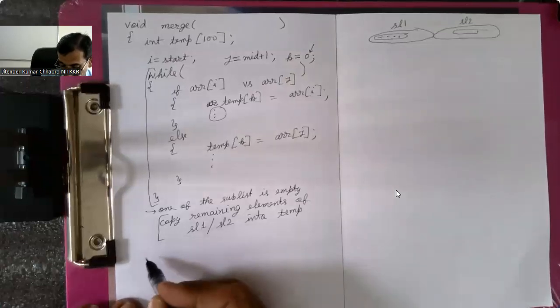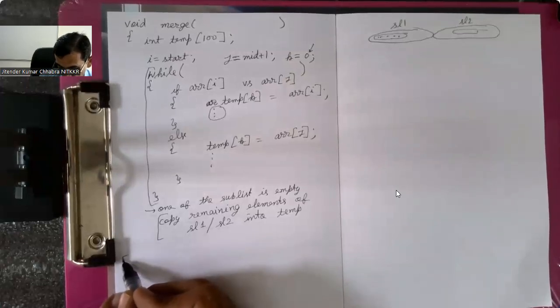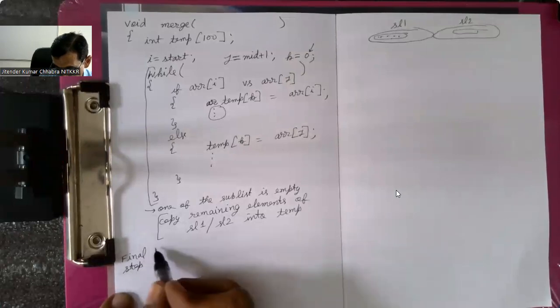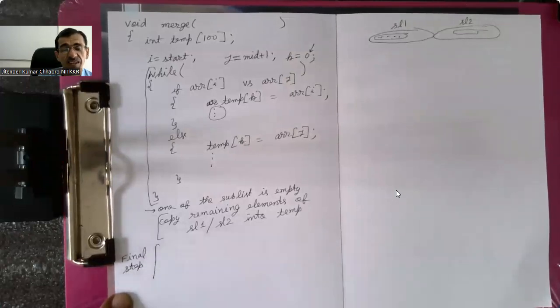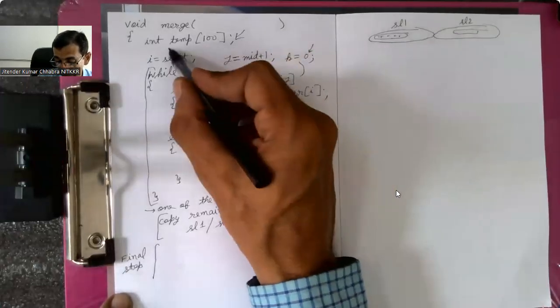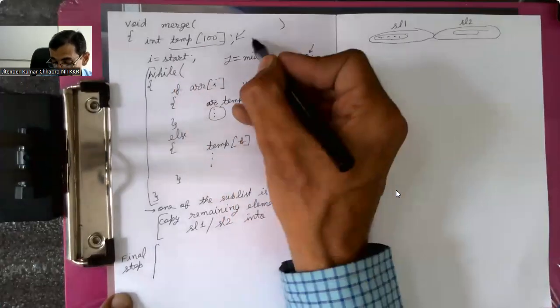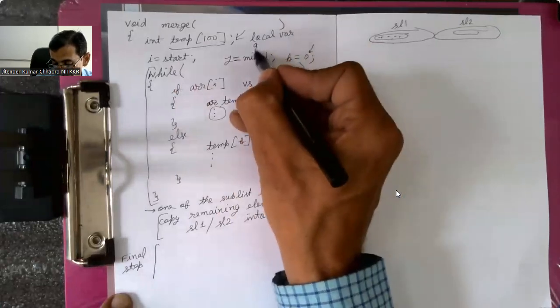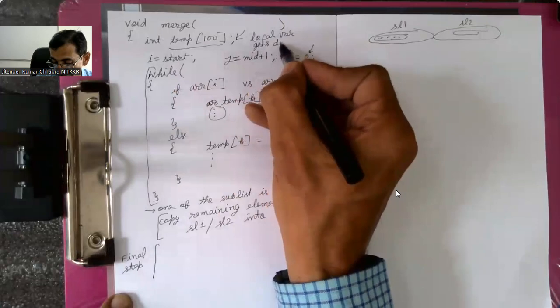Once done, final step. What is remaining? Can you recall what is remaining? The temp array has got the data. This temp array will get destroyed. Local variables get destroyed as soon as the function is over.